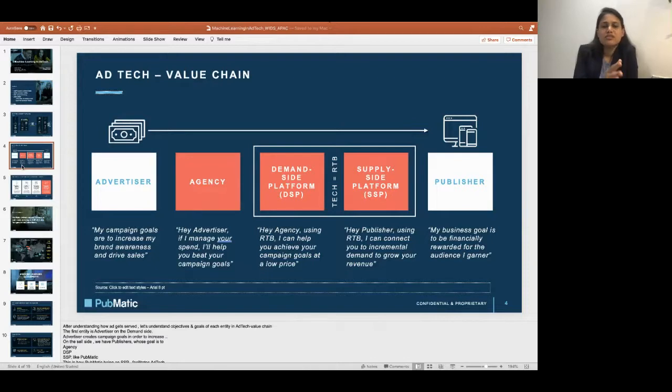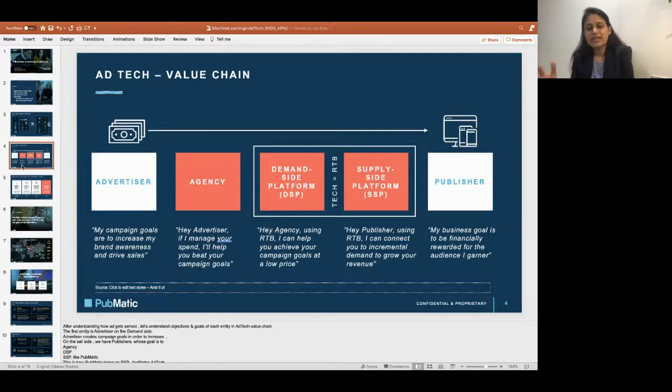Agencies in turn connect with the demand side platforms. The demand side platform, or DSP, generally uses real-time bidding, RTB, in order to achieve the campaign goals at a lower price. They help to increase the return on investment for buyers.